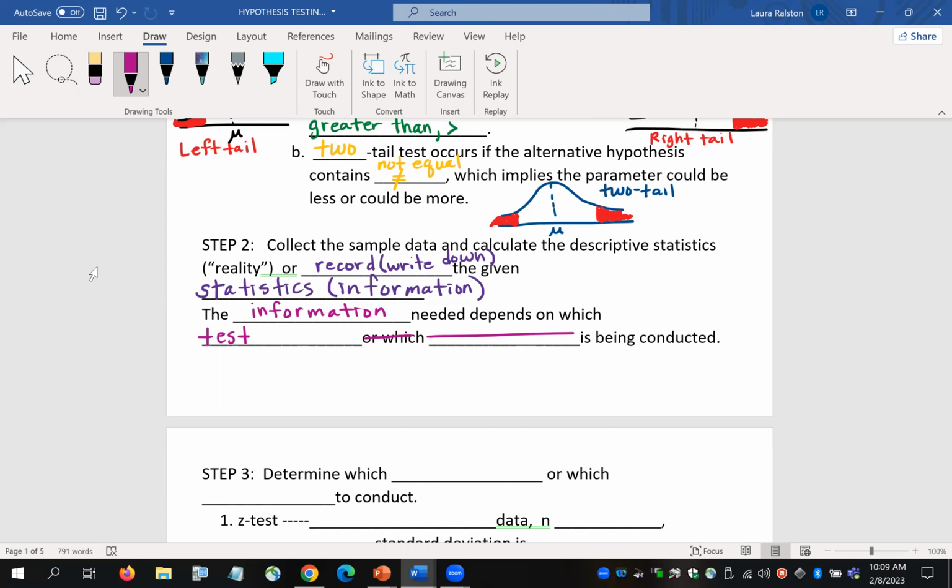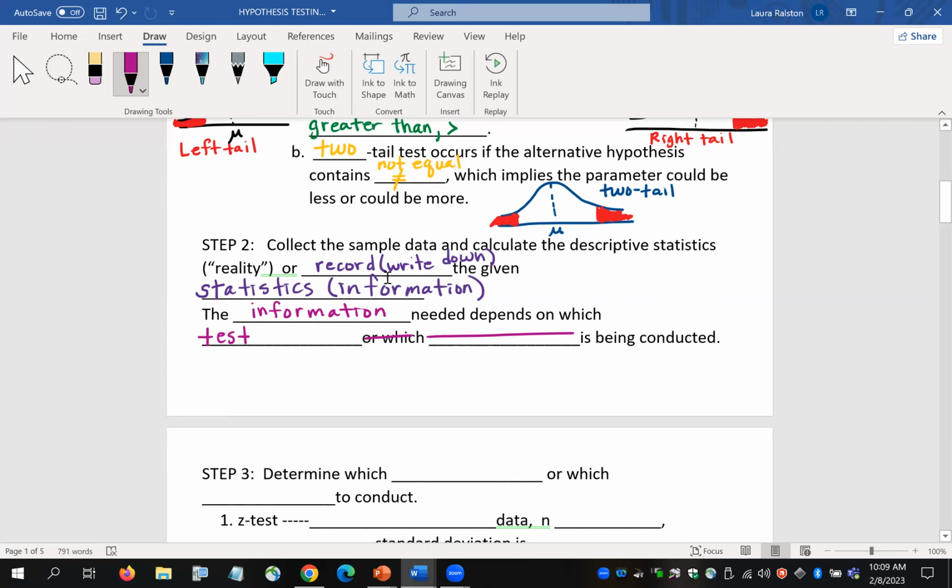So there are about five that we're going to talk about. Should you take the next course, which is Stat 2401, then we also talk about some others. But those are the five that we focus on in this course.